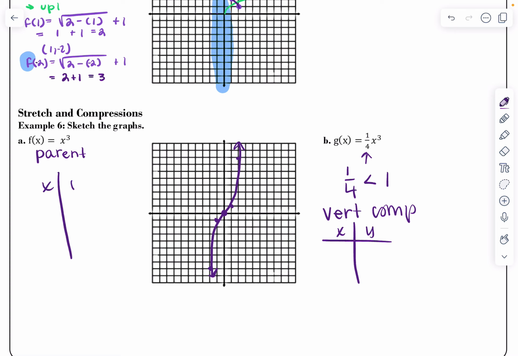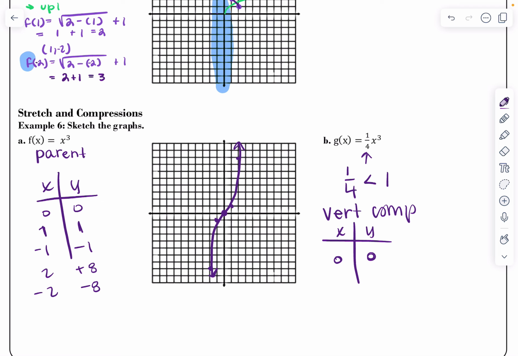So x, y, we have 0, 0, we have 1, 1, we have -1, -1, we have 2, 8, and then we have -2, -8. We're going to mirror these as much as we can to make it a little bit easier. So if we have 0, 0, obviously we're going to have 0, 0 here. So it's going to stay the same. We don't shift anywhere, so it's not changing our reflection point.